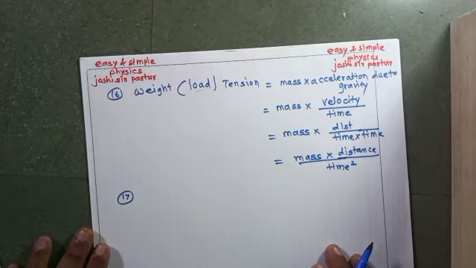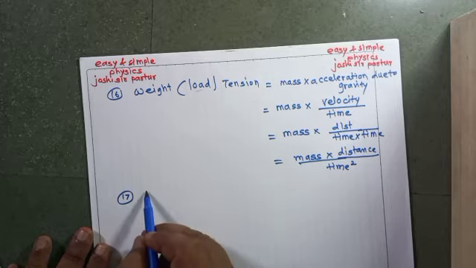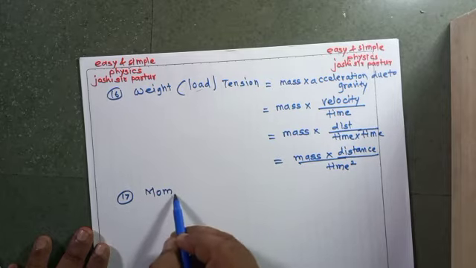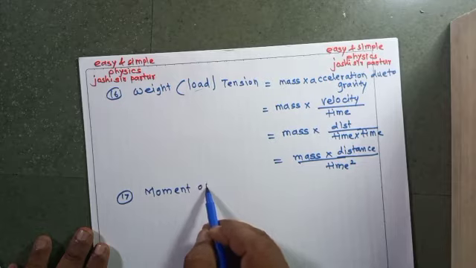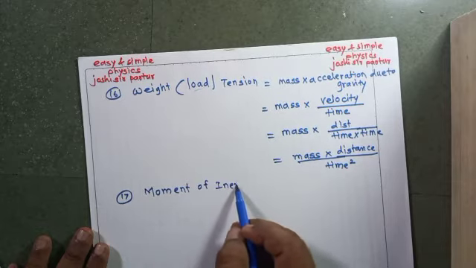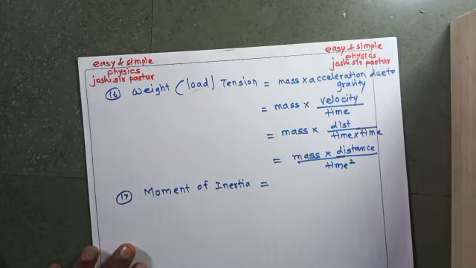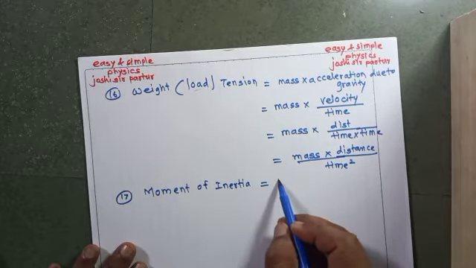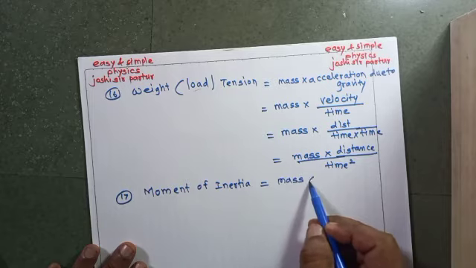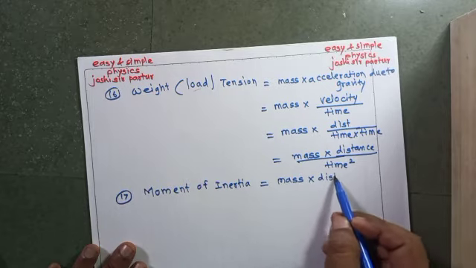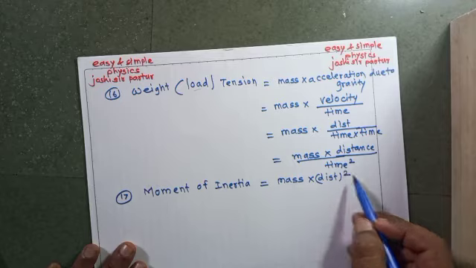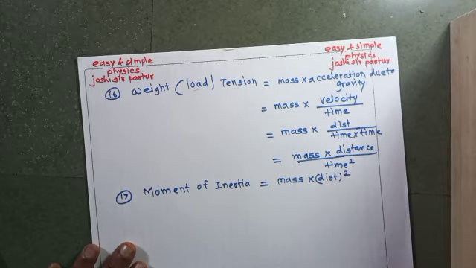Next will be moment of inertia. It is the product of mass into the square of the distance from the axis of rotation.